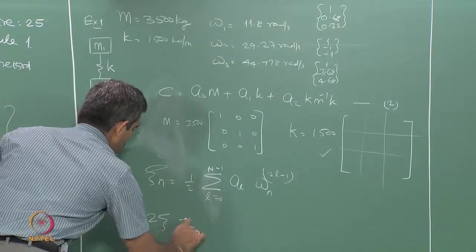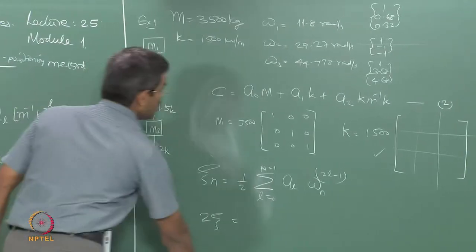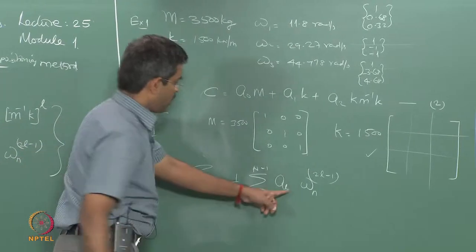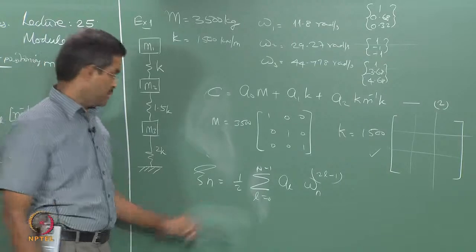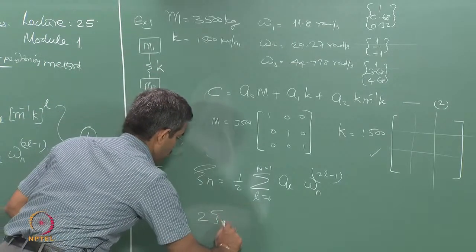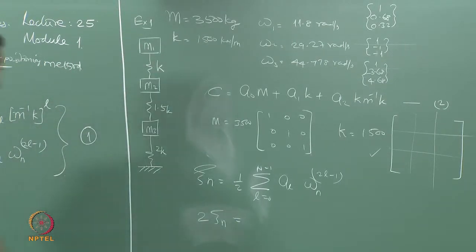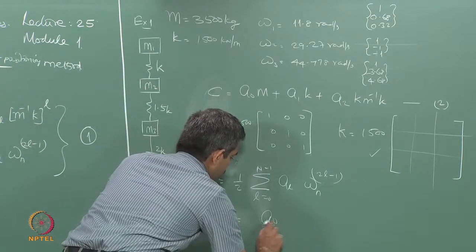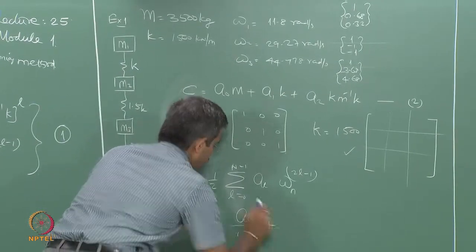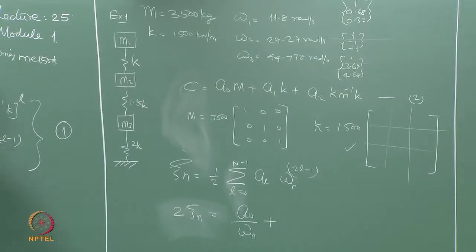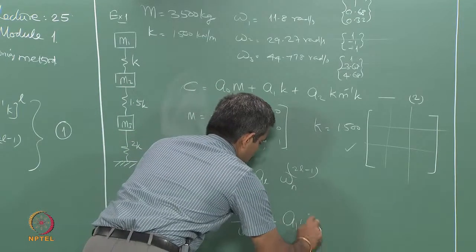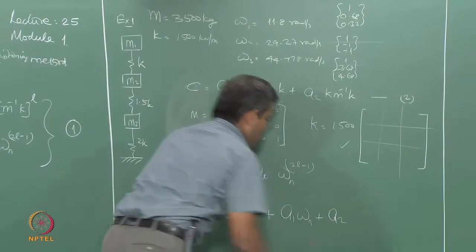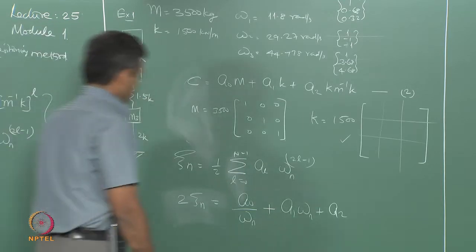So, 2 zeta, because you know all these values of A0, A1 and A2, will have half as a multiplier. So, 2 zeta n will become A0 by omega n plus, which I already derived in the last class, we have these expressions with us, A1 omega n plus A2 omega n cube.